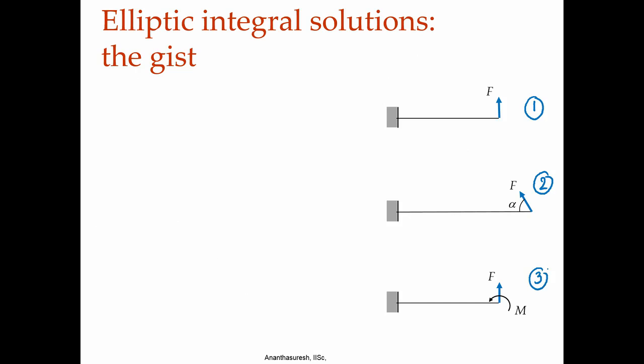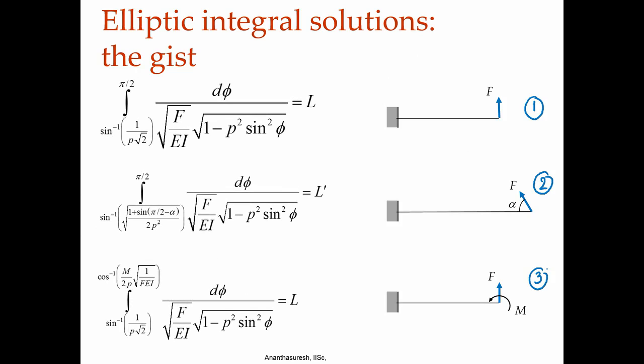For each of these cases there were corresponding equations that we needed to solve. In the first case, we need to find the value of p. In all these cases, we need to find p. We have to solve this elliptic integral equation to find p. Once we have p, we know everything else, right.